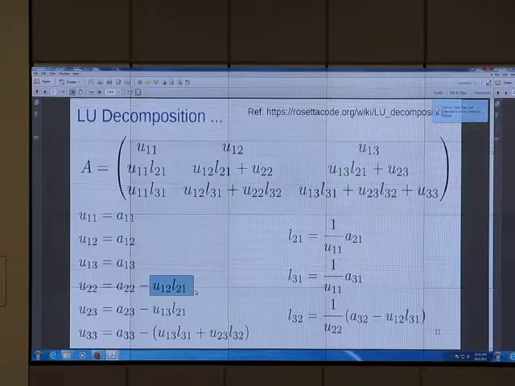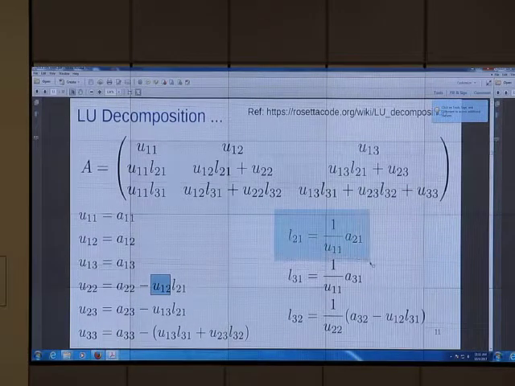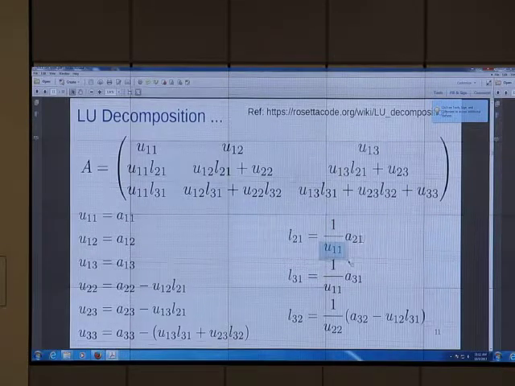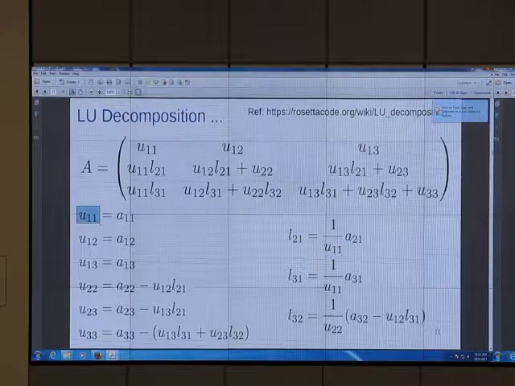So U12 is from here. U12 is already known. Okay. L21 is this. Look at L21. By solving that equation, L21 is A21 divided by U11. So U11 is known, right? We solve it. U11 is known.